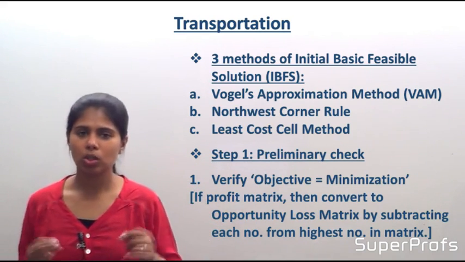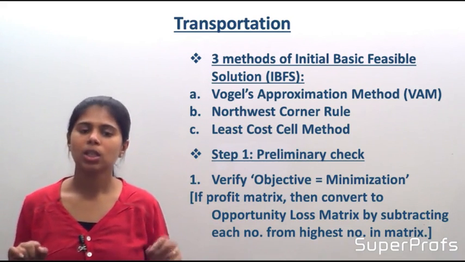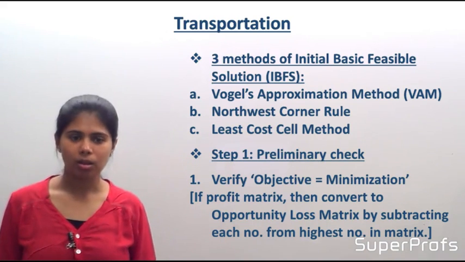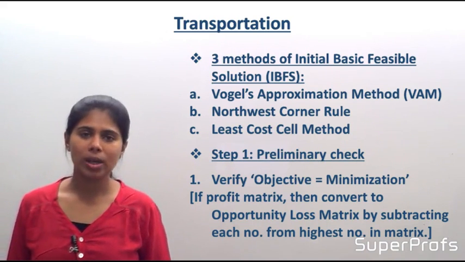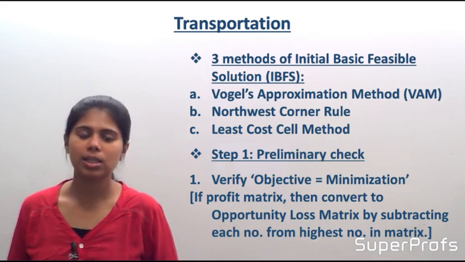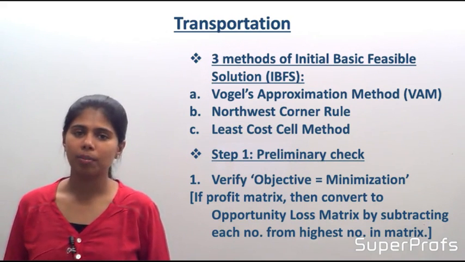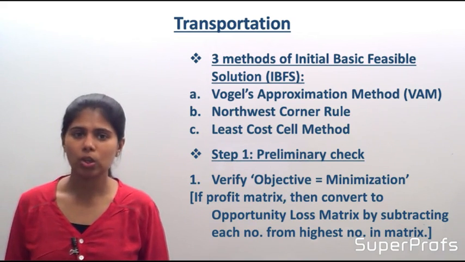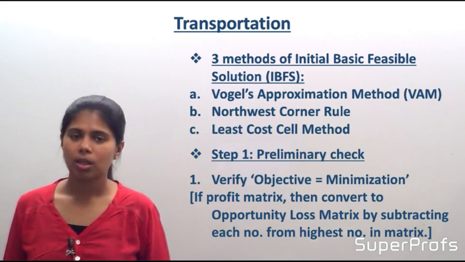This is the most commonly used, most important of the lot. The other 2 are pretty easy. So Vogel's approximation method, VAM. Second is northwest corner rule, and the third is the least cost cell method. We will understand each of these methods in detail, how to solve the problem under each of these methods.